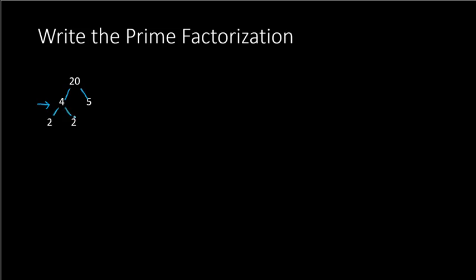All right, 5, this number right here, is going to be prime. So this number is good. We cannot break it down any further. So we can just carry it down to the next line because it's already broken down as far as it can go. So now we have 2 times 2 times 5.